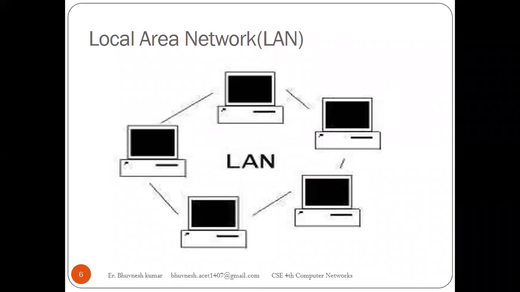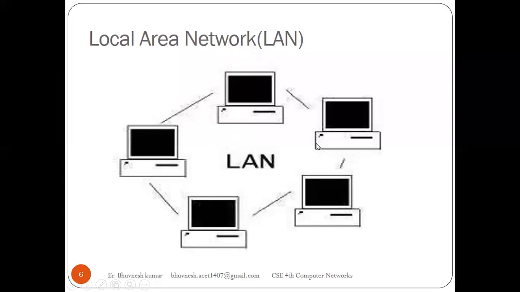This is a simple example of your local area network. These five PCs are connected with each other. But you will also see that they are creating a ring. See the cursor: from the first PC it will go to the left side and make a ring.